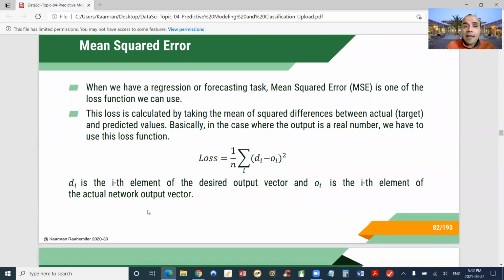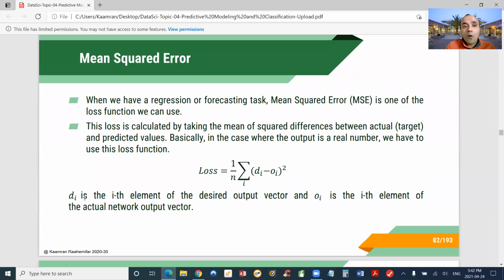I want you to be aware of different types of error function. We have a famous one called mean squared error. The mean squared error means take the error. When you have 1,000 events, you are not going to dwell on one event only. You need to find the error when 1,000 events came to your network.